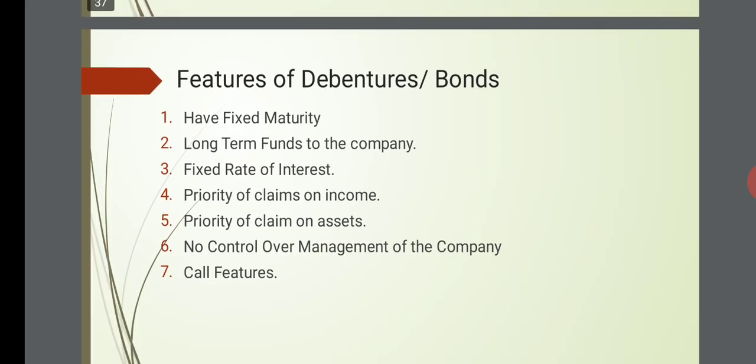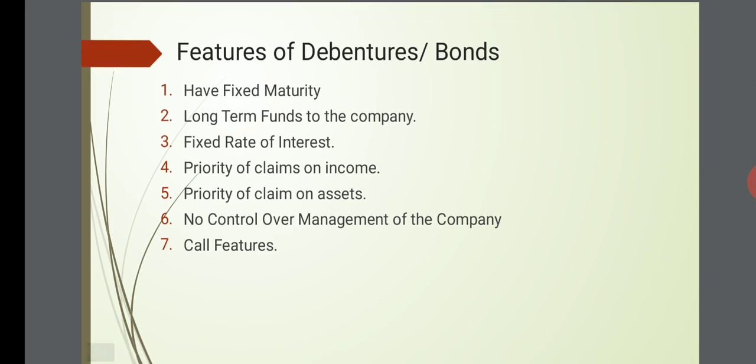Now, features of debentures and bonds: they have fixed maturity. They are loan instruments. They are debt instruments. So they are similar to loans. They have a fixed maturity period. They are long-term funds to the company. Then fixed rate of return, fixed rate of interest, unless and until it is a floating rate bond. Then priority of claims on income. They are the creditors and loan holders.